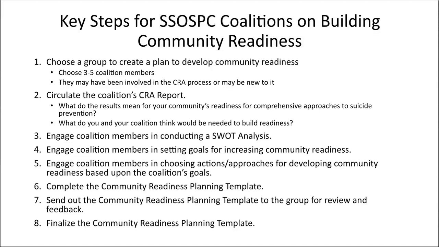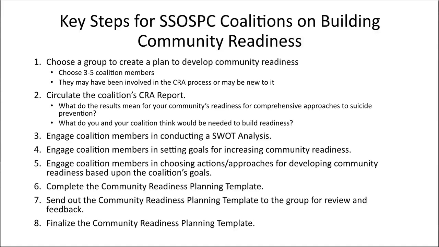Next, you're going to circulate the coalition's CRA report. Really focus on what those results mean for your community's readiness for comprehensive approaches to suicide prevention, and start to think about what you and your coalition think might be needed to start to build community readiness. You're going to engage your coalition members in conducting a SWOT analysis: strengths, weaknesses, opportunities, and threats.